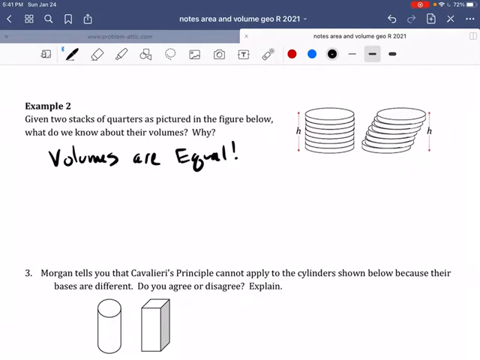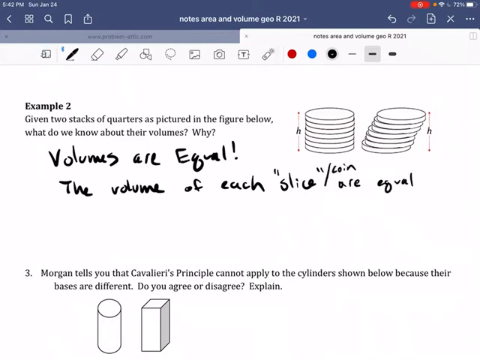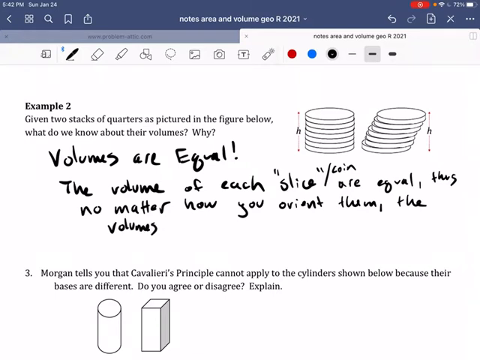But why are they equal to each other? The volume of each slice, and I'm going to use air quotes around that, each slice, or each coin, I should say, are equal. Thus, no matter how you orient them, the volumes are equal. Okay?